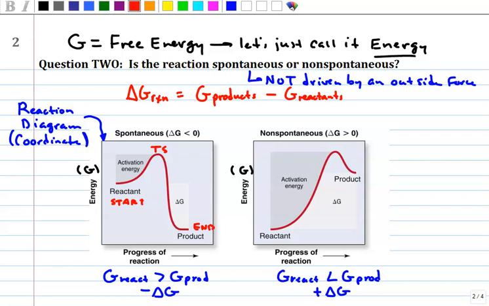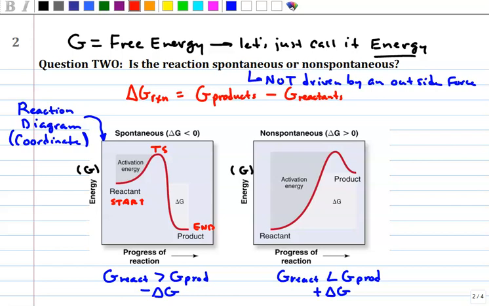And this diagram or coordinate gives you information about the reaction. And one thing it tells you is if a reaction is spontaneous or non-spontaneous. The reaction diagram will tell you this. Now, we're going to use the capital letter G to stand for free energy.